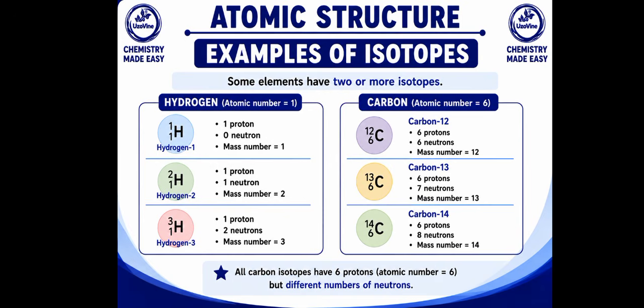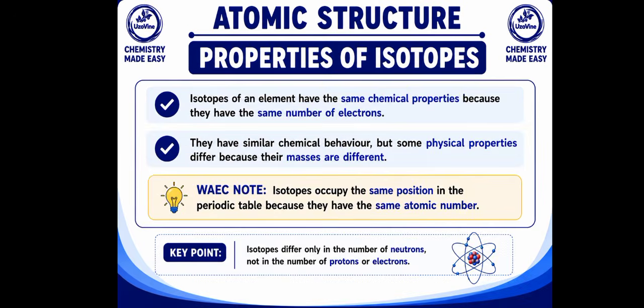Hope you are following. Now let's look at properties of isotopes. You should note that isotopes of an element have the same chemical properties because they have the same number of electrons. Number 2, they have similar chemical behavior, but some physical properties differ because their masses are different.